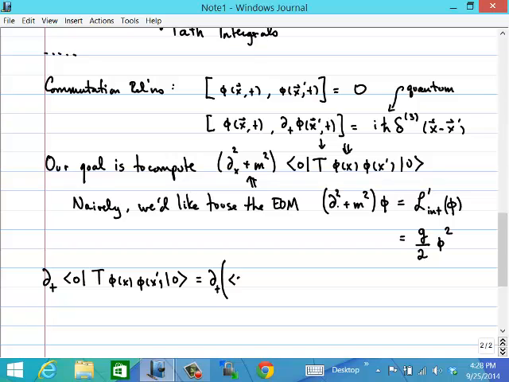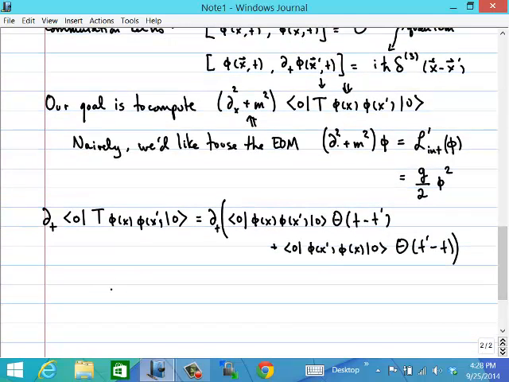So the time-ordered product just tells us that if x happens later than x prime, we put this on the left. So we can write it as a sum of two terms. So a theta of t minus t prime says that t happens after t prime. So we put the phi of x on the left. And then we have to add the second term, which happens if x prime happens after x. So we get a theta of t prime minus t.